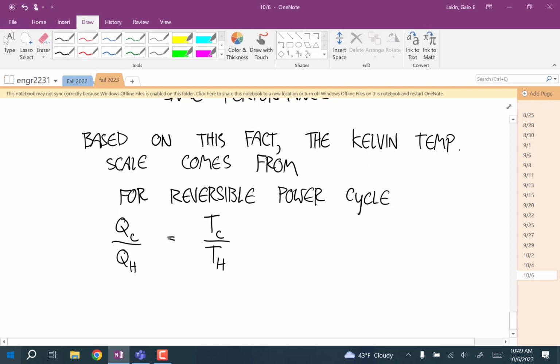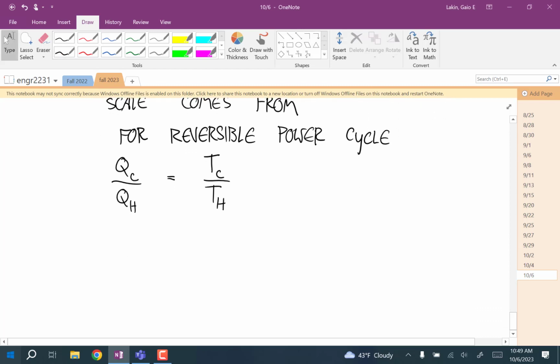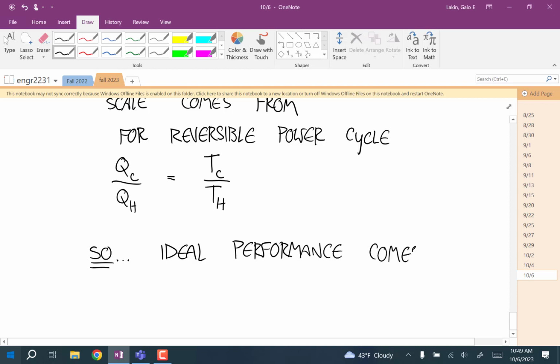Okay? And so what that gives us is, ideal performance comes just from the temperatures of the reservoirs.